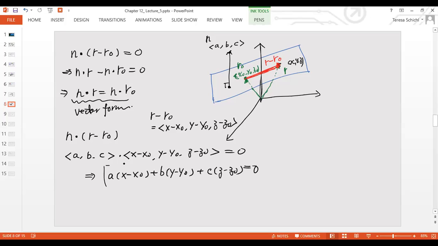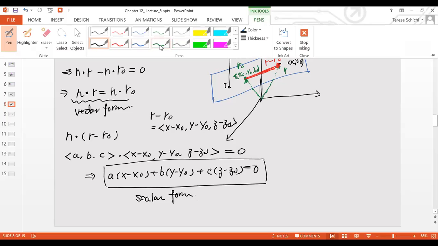This is the form we call the scalar form for the plane, how to write a plane. Did you see here? This is very similar to what we had in R2.